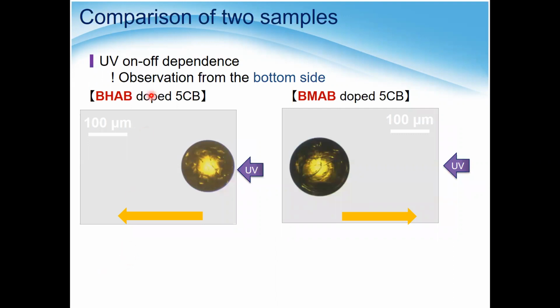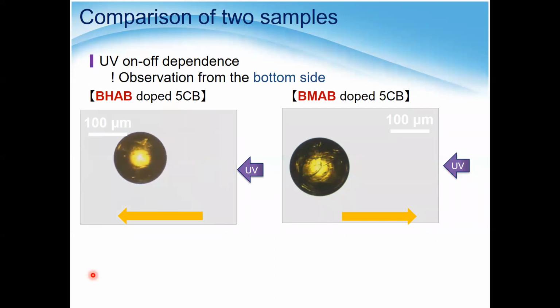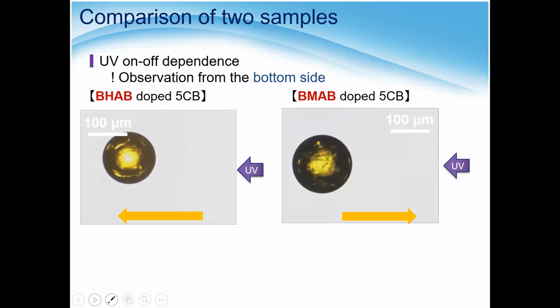And then the next thing is we confirmed the convective flow inside the droplet. What we observe here is the flow direction inside for BHAB-doped and BMAB-doped droplets.